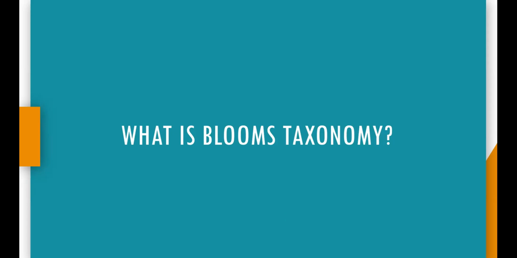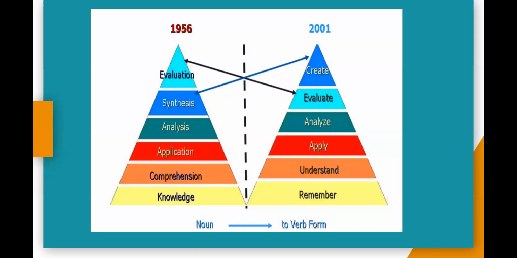Let me show that diagram here. As you can see in the diagram, it was created in 1956 and developed in 2001 by Anderson and Krathwohl. Bloom used nouns, and Anderson and Krathwohl used verb forms. The differences are clearly mentioned in the pyramid.